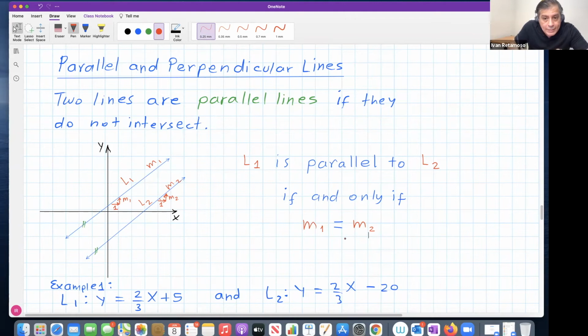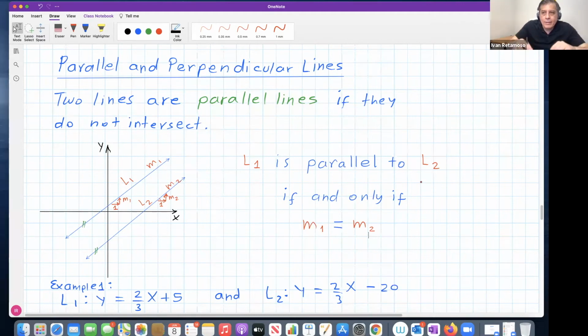If the slopes are the same, then the program should output that the lines are parallel, right? Otherwise, the program should output that the lines are not parallel, right? So this geometric stuff is translated into some algebraic stuff that can be implemented in a computer program, right? That's a big deal.